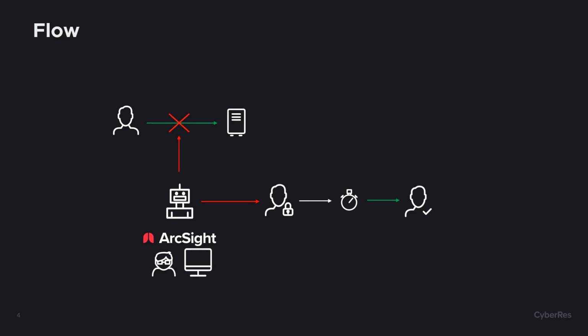This is going to look like this. ArcSight SOAR is going to log off the user automatically from his current session. Then it's going to lock that user so he's unable to log in. On top of that, we have configured a rollback time of a couple of minutes. That means after a couple of minutes that user will be enabled again and able to use the system as he pleases.